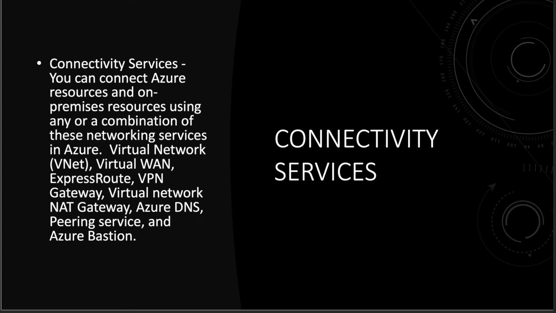So remember that connectivity services is your data center, your on-prem, to the Azure data center. And you're going to use either a virtual network, you can use a VPN, you can use a peering, you can use Bastion hosts, and if you don't know what those are, we'll get to those here in a little bit. DNS, it's a great way of connecting the two networks together. That's a big one to remember.